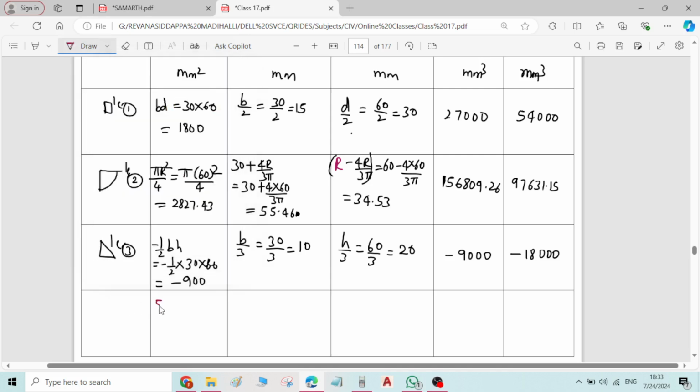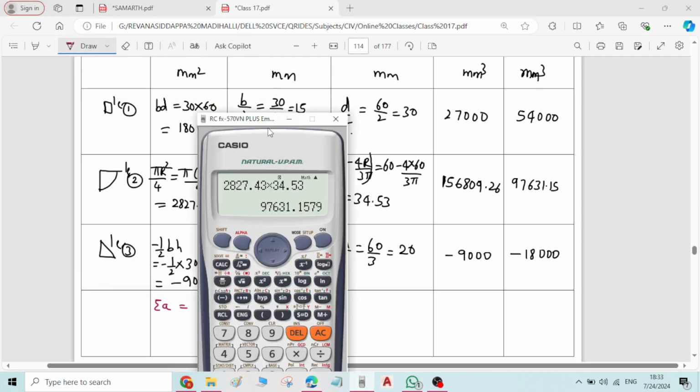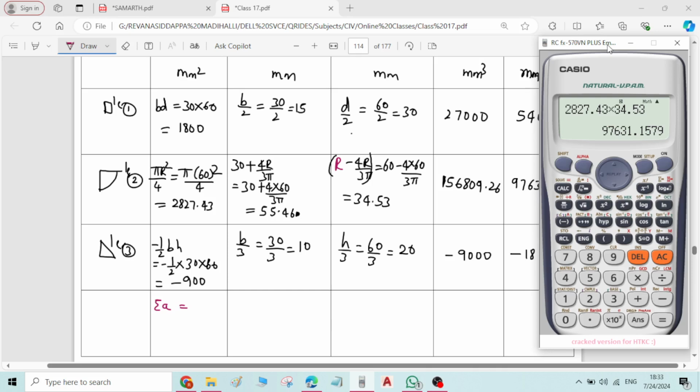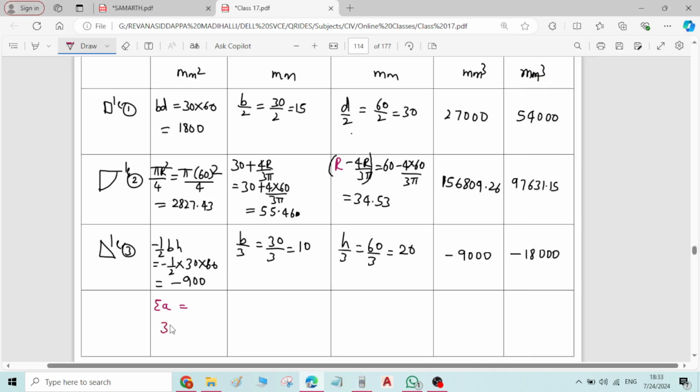Now we will calculate the total area. Total area is equal to 1800 plus 2827.43 minus 900, which is 3727.43.